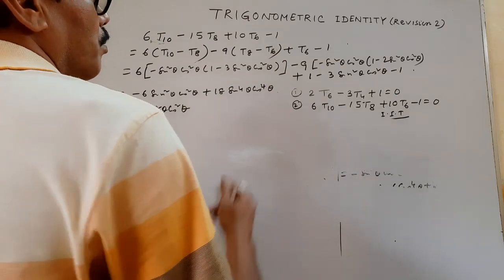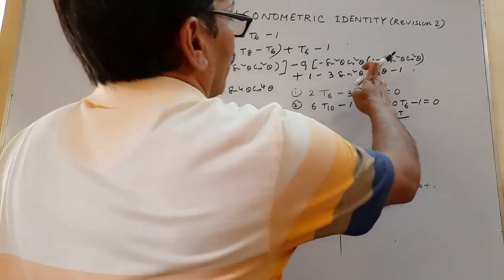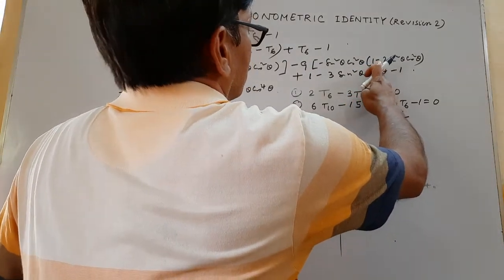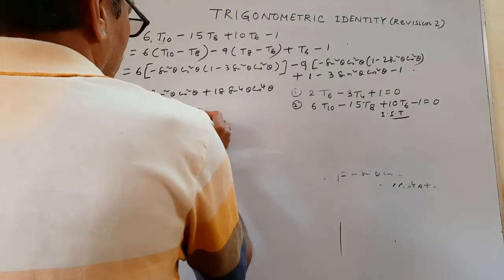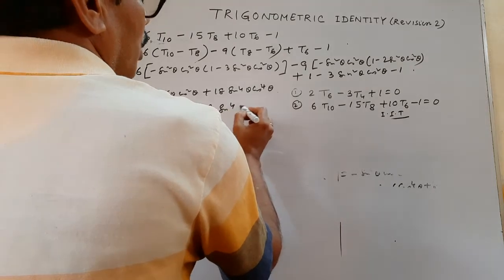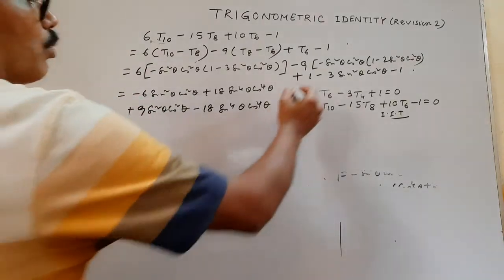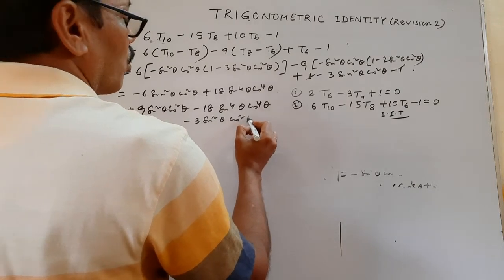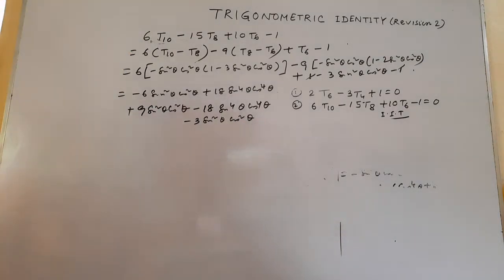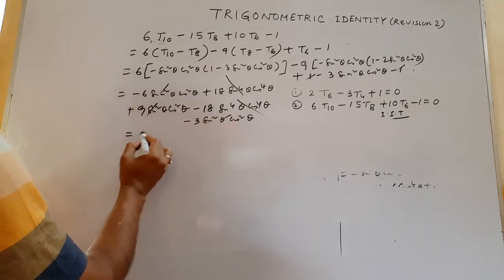This minus and this minus is plus, then it is multiplied by minus, so minus 18 sine to the power 4 theta cos to the power 4 theta. And 1 cancels, minus 3 sine square theta cos square theta. So 18 cancels. 6 minus 3, this is 9, this is plus 9. So answer is 0.